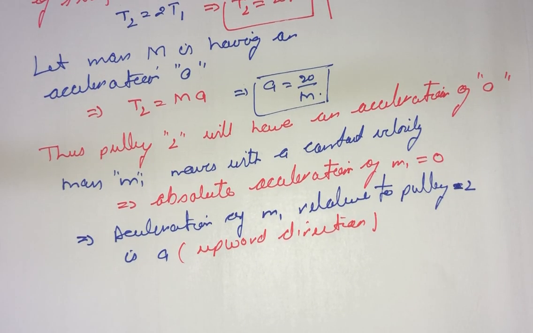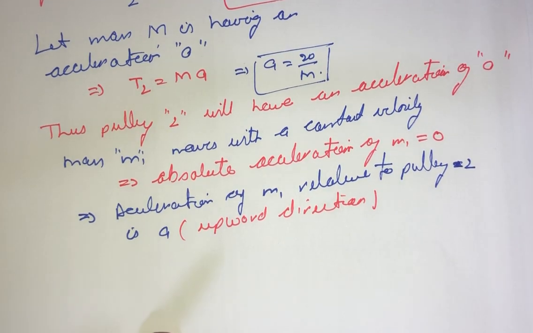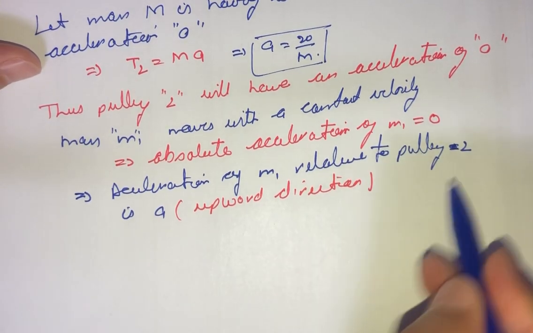Similarly, we can find the acceleration of M2 relative to pulley 2.